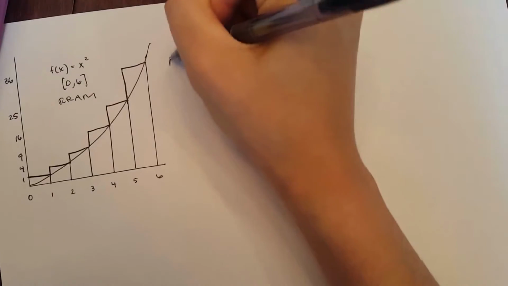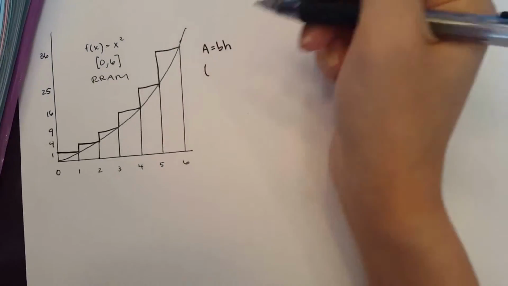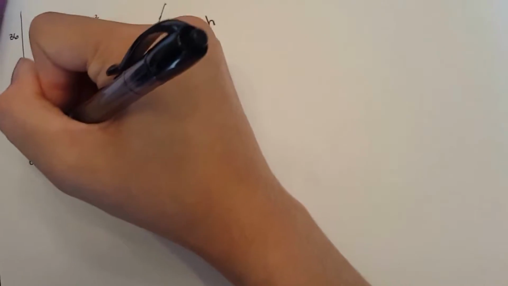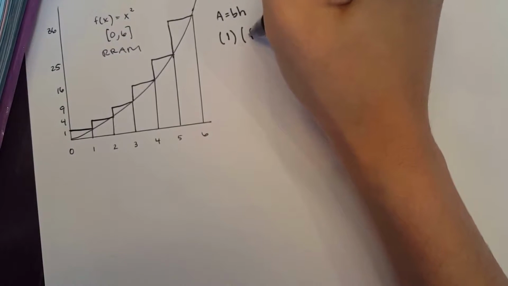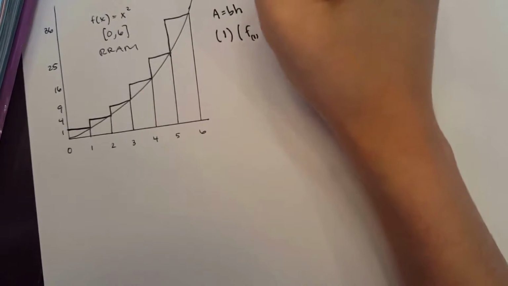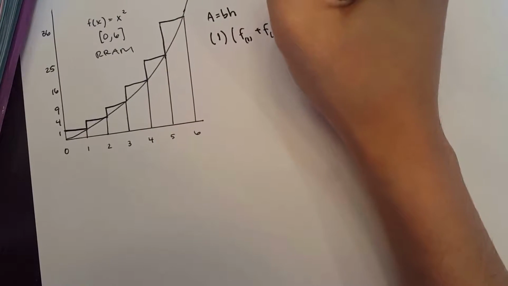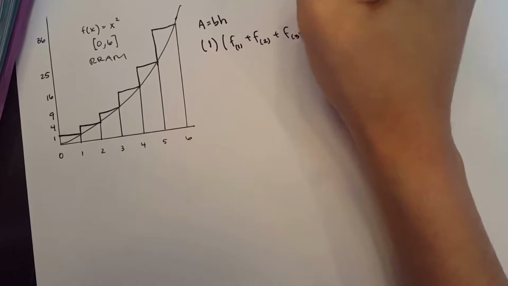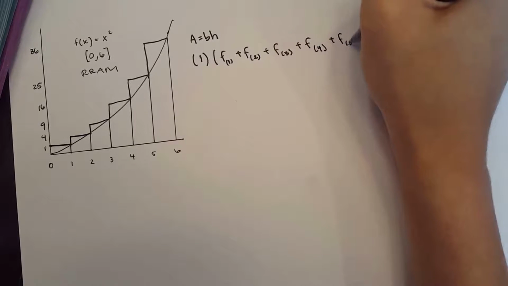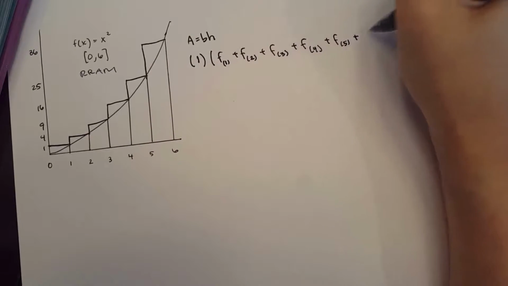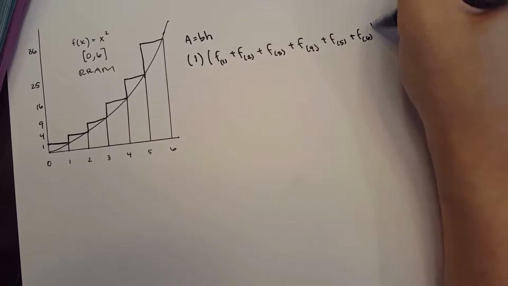And so with the equation area equals base times height, we will start with the height, which for each one, they're all 1, multiplied by f of 1 plus f of 2 plus f of 3 plus f of 4 plus f of 5, and then f of 6.